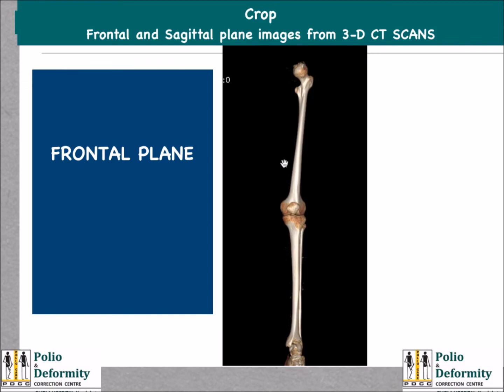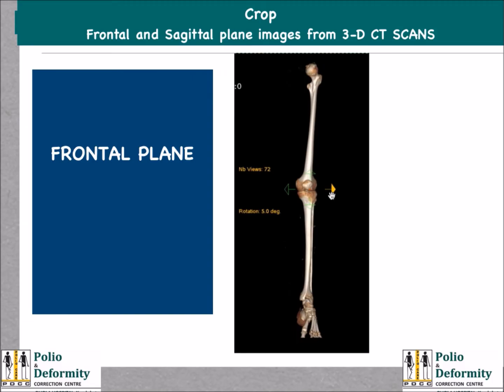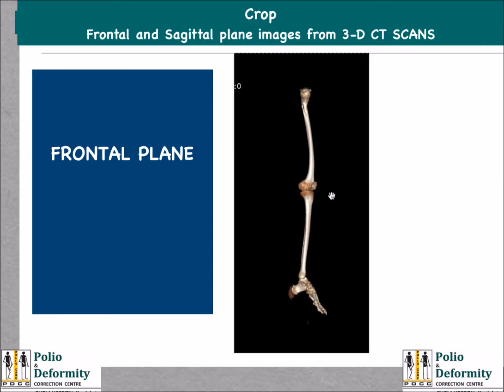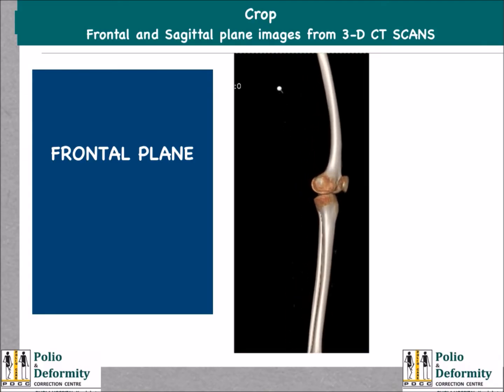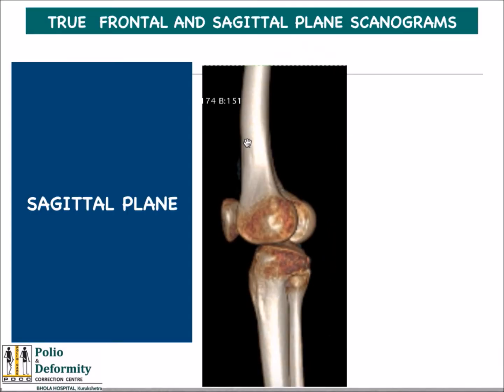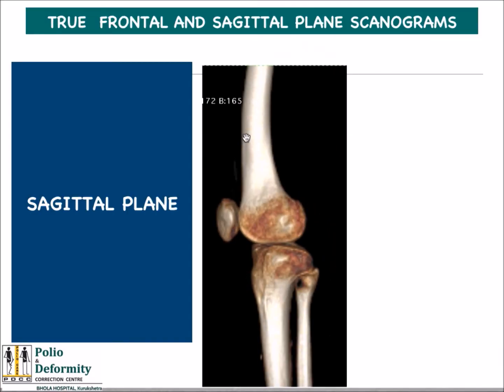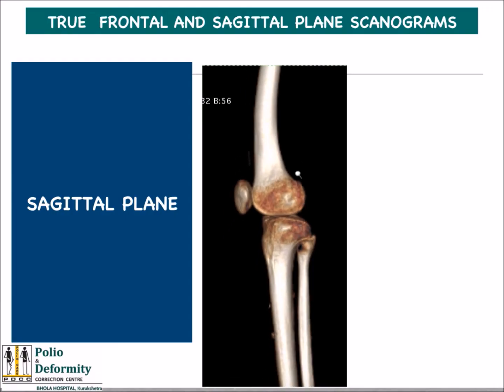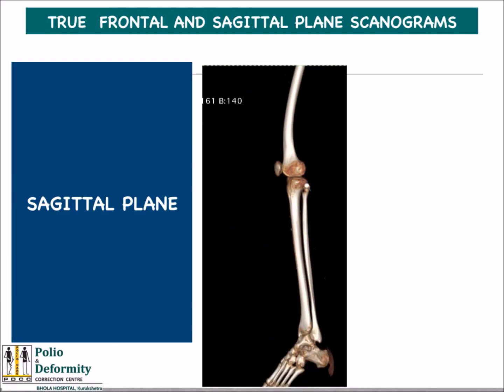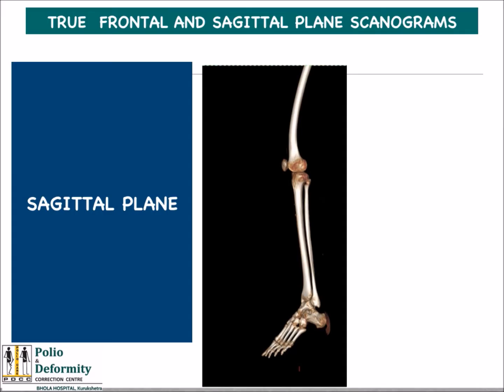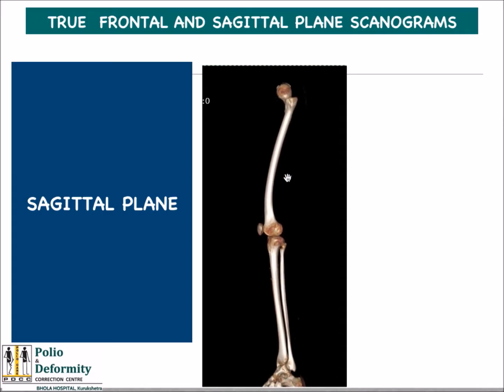Dear friend, for cropping frontal plane images, this is how the patella is centered and full length AP images can be procured. Similarly, for sagittal plane, like this, the condyles on the lateral view, once they overlap each other, those images are for the sagittal plane. You can procure them for both the sides.